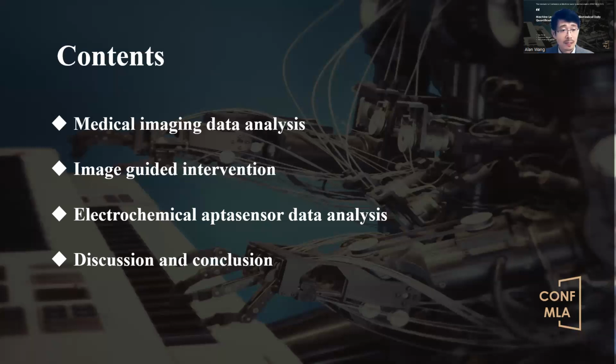The third application is electrochemical sensor data analysis. Electrochemical sensors are powerful tools for detecting biomarkers and diseases. Machine learning techniques can also be applied in this application to analyze the data generated by sensors.